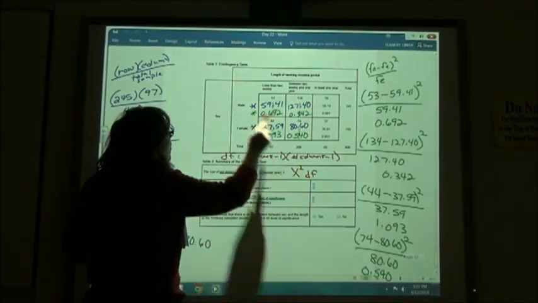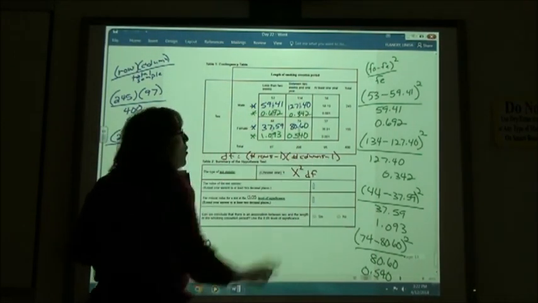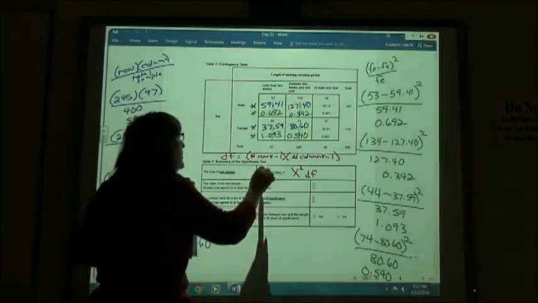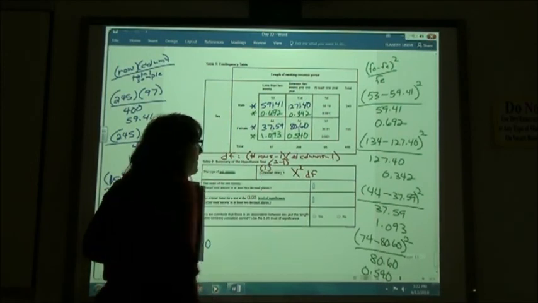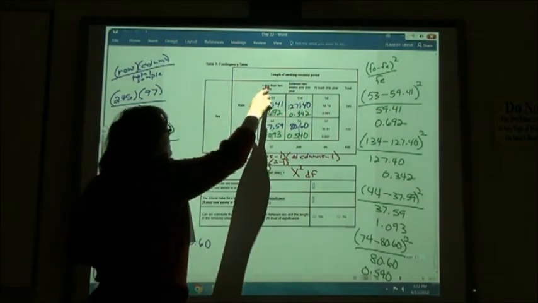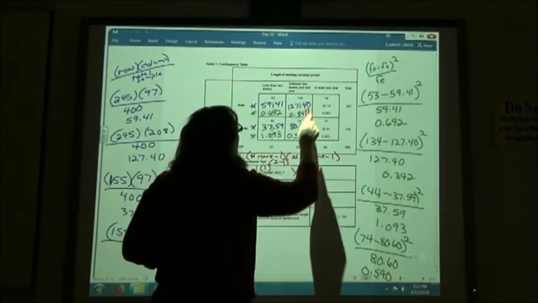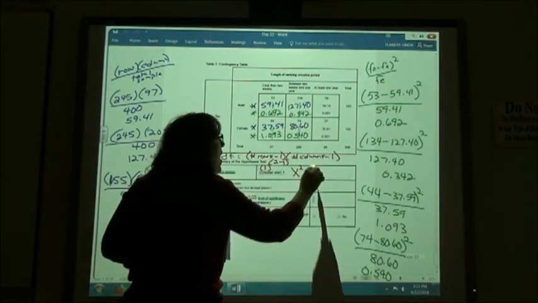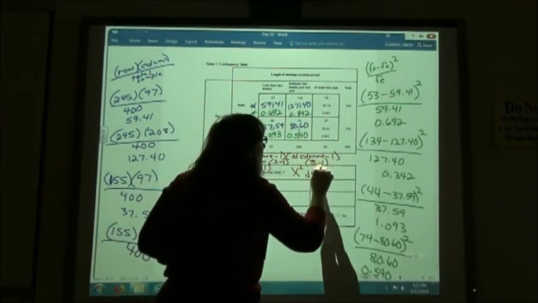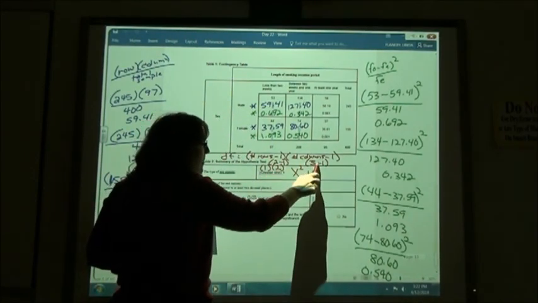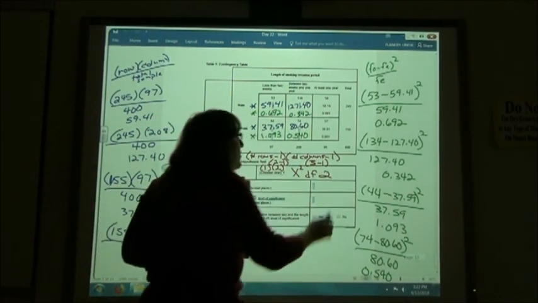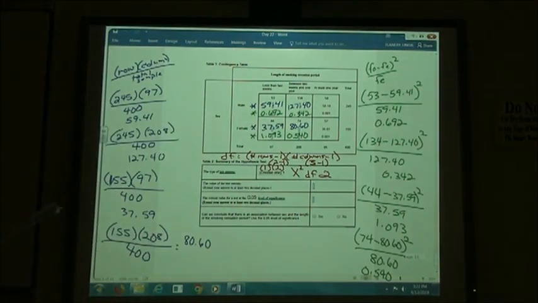I have 2 rows, male or female. 2 minus 1 is going to give me 1. Columns: less than 2 weeks, between 2 weeks and 1 year, at least 1 year. I've got 3 columns. 3 minus 1 is 2. So I've got 1 times 2, which gives me 2 degrees of freedom.